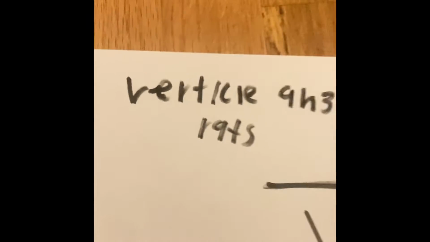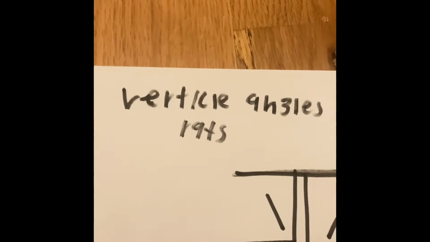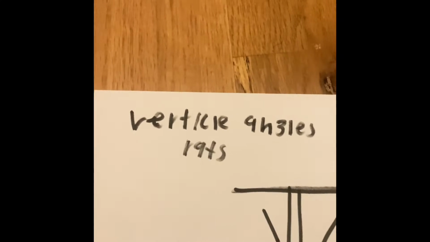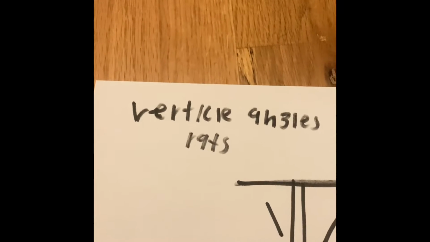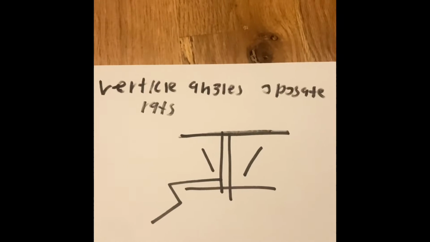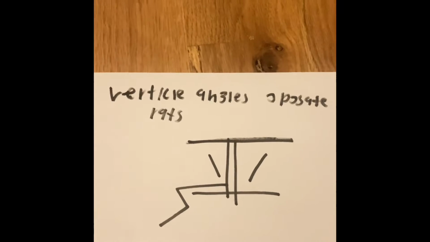Well, that is one definition of vertical. Something that is completely going up or down, or something that is falling down. But vertical angles is a little bit different. And opposite rays is something that's very easy to learn about in geometry.